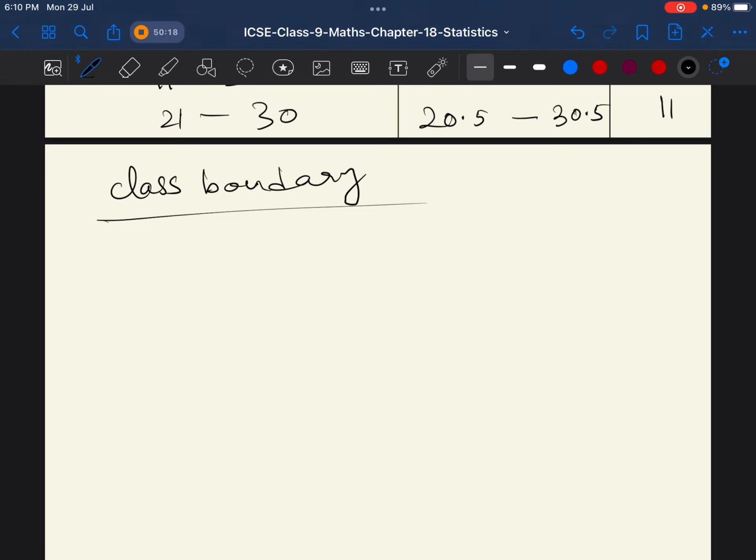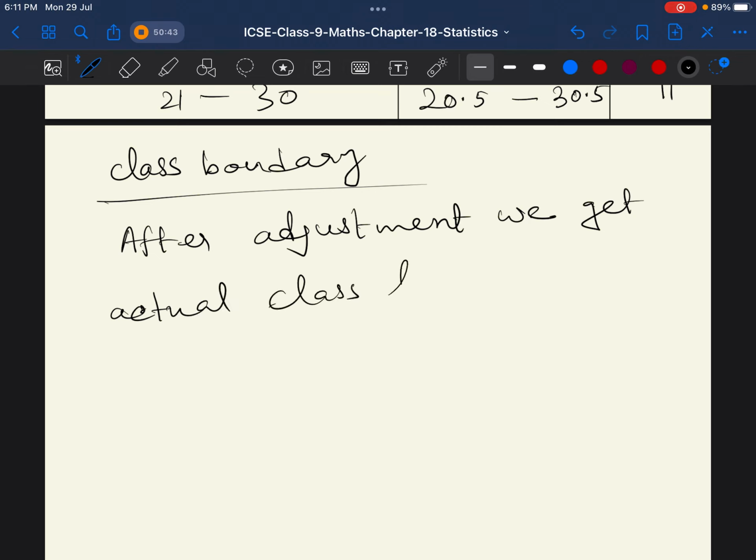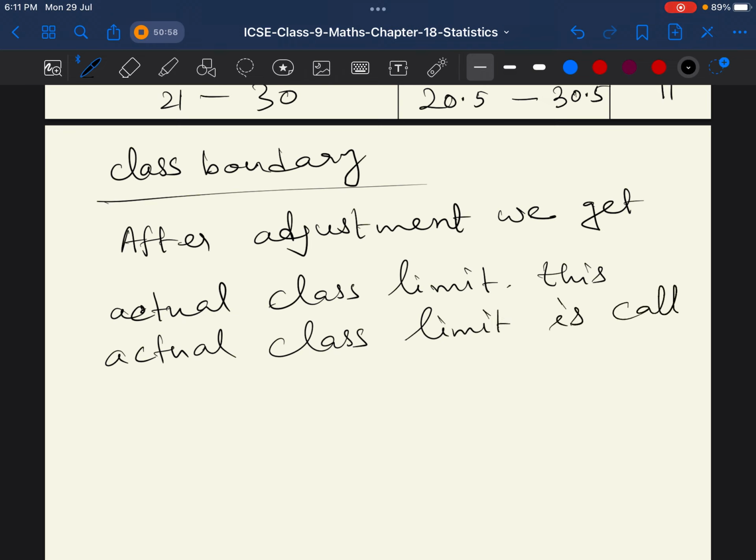This actual class limit is called class boundary.